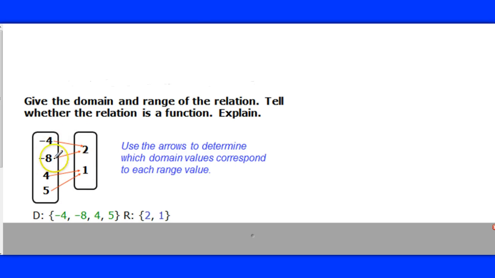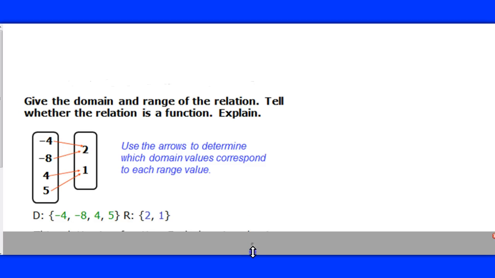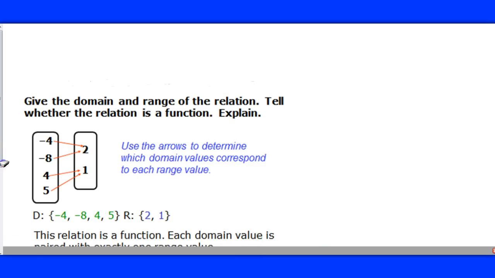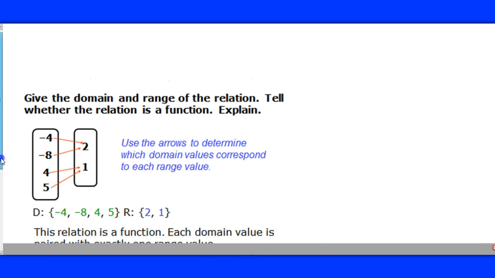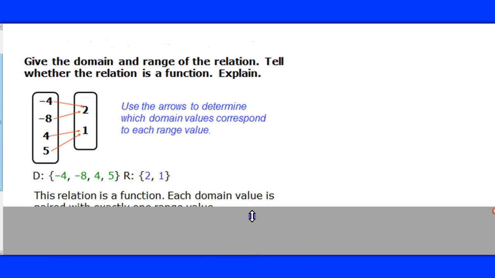So for instance, if there was an arrow going here also, then that would not be a function because that's telling me that -8 went with the 2 and with the 1. But since there's not more than one arrow coming from any x value, then this one is a function. Okay, let me scroll down here so you can see that. All right.